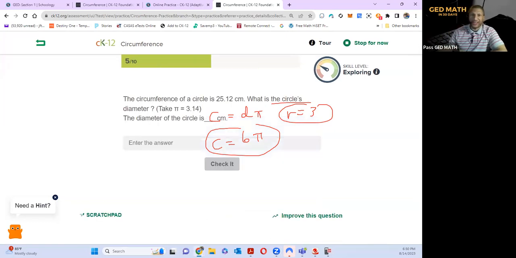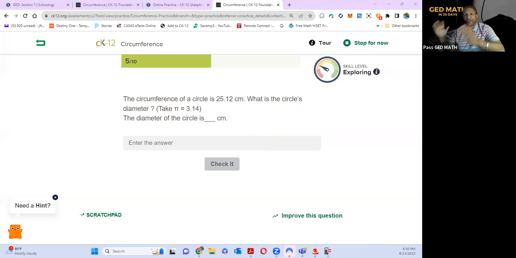You clear the screen. And this is why I have Khan Academy. This is why I have CK12. This is why I've made my own assessments, because you can be given problems in different ways. A lot of times with adult education classes, they just have you solving for the circumference, solving for the area.